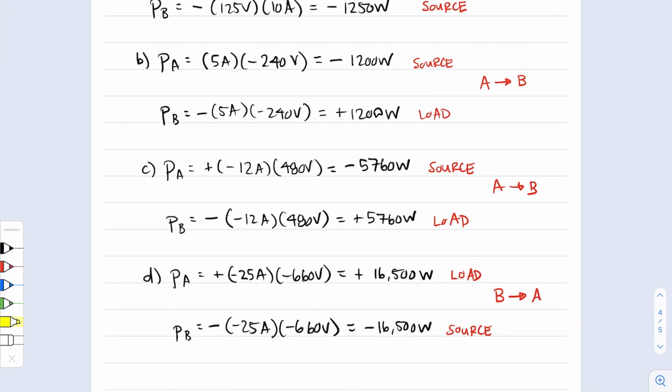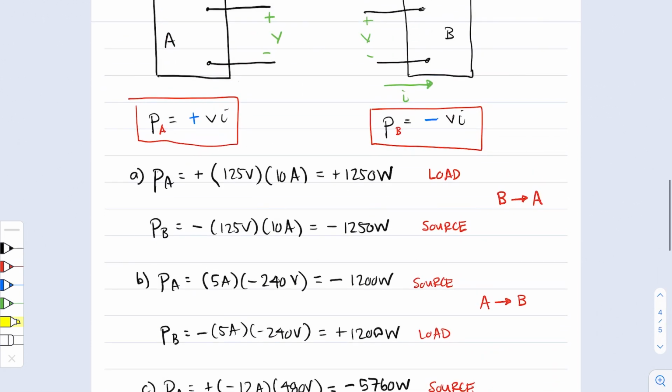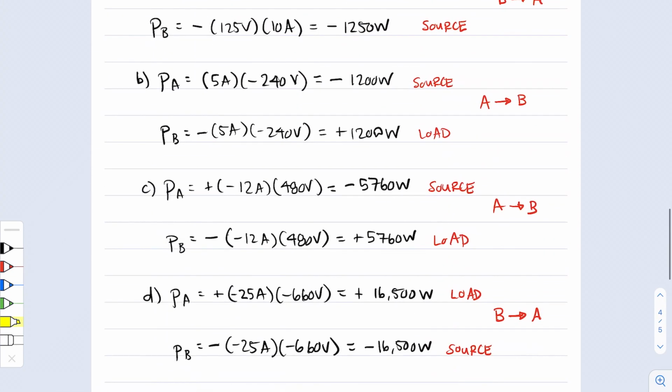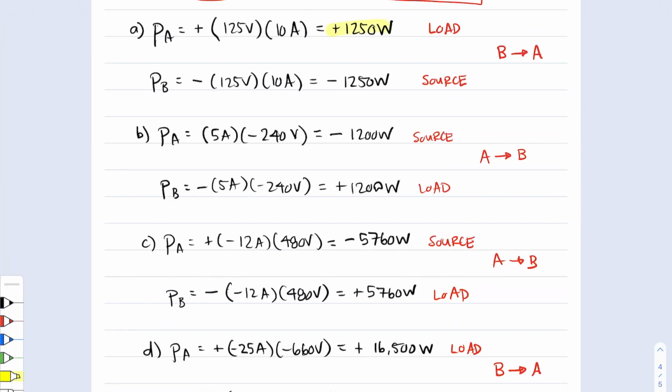Another thing that I want you to observe, and this is a very general feature of any power calculation. For the entire system, which consists of element A and B, if you add the powers for this and this, for example, you end up with 0.